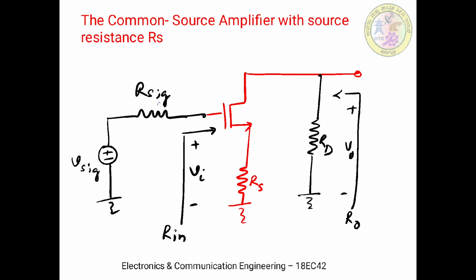Next we have to write an equivalent circuit diagram for the further analysis. So here while drawing the equivalent circuit diagram, the MOSFET is replaced by its T equivalent model.